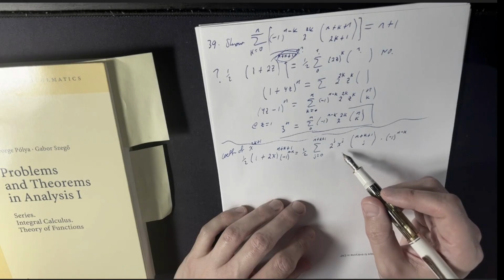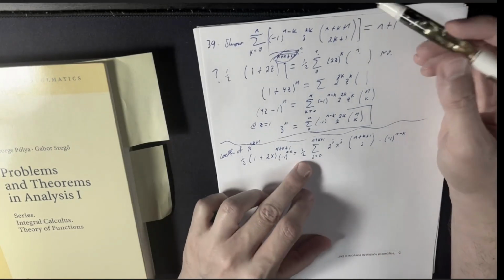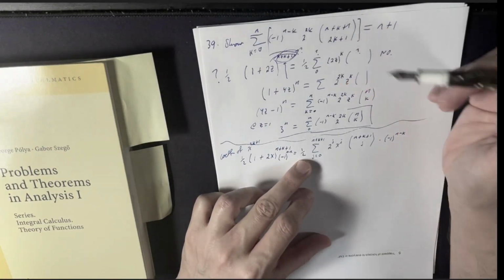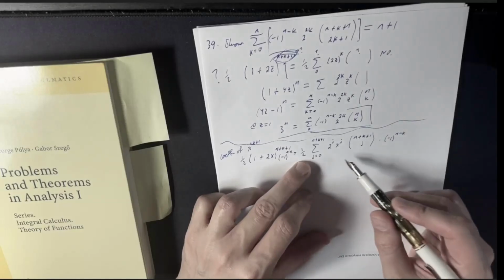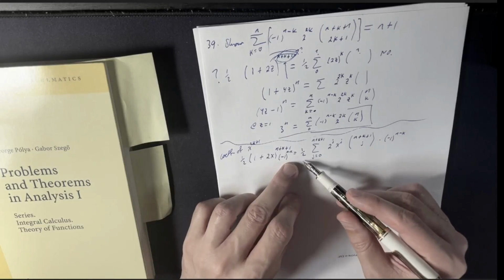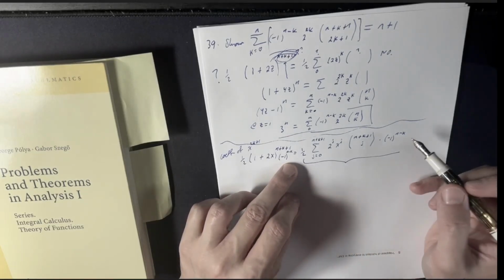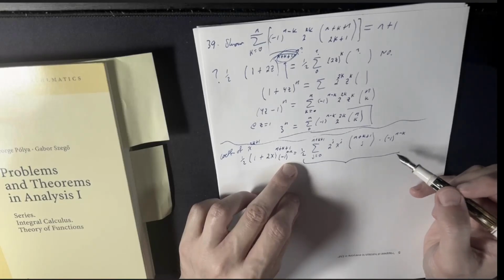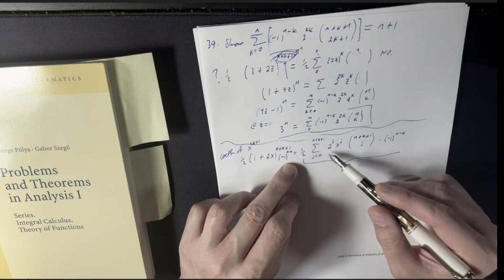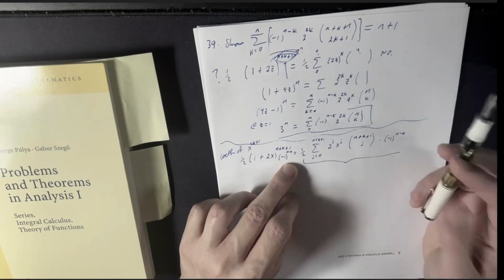So what's missing now? I don't actually see anything missing, right? This stuff in brackets is the 2k plus first coefficient of this mess. Except for, no, that's right. That's right. Yeah, hold on a sec.